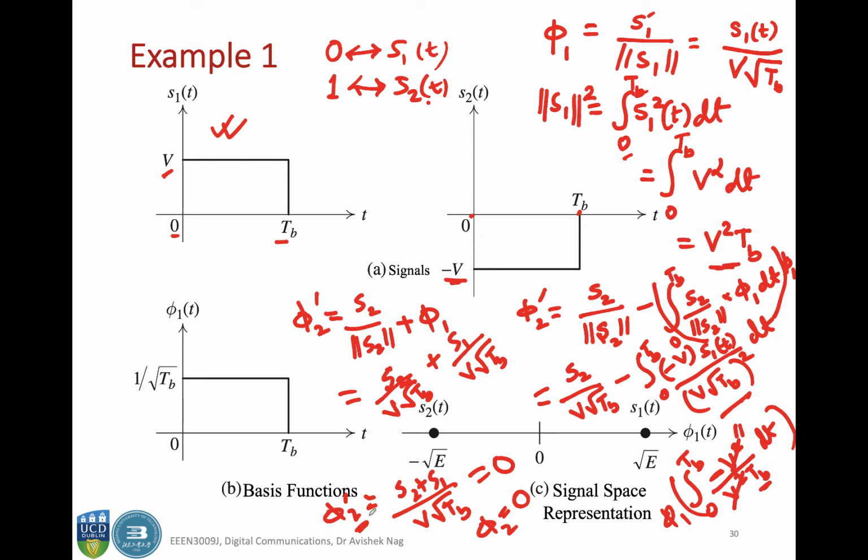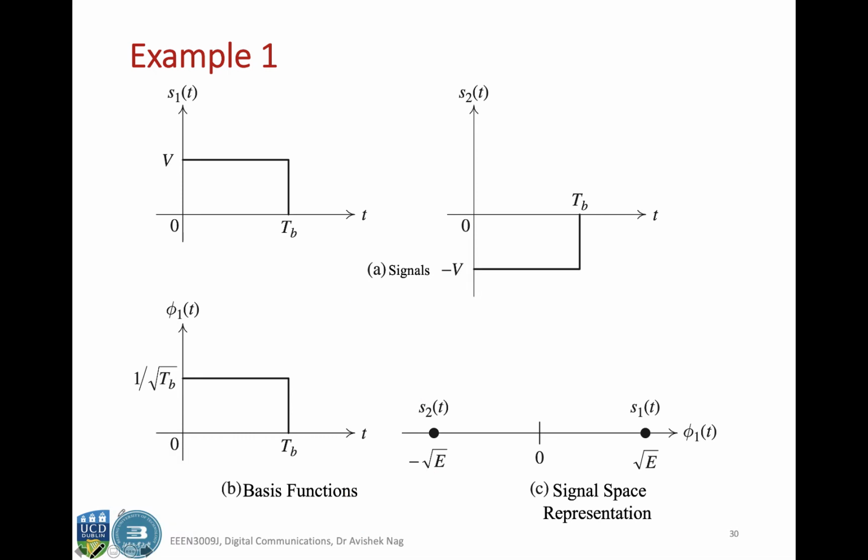So your phi 2 is also 0, which is the normalized version of phi 2 dash according to the Gram-Schmidt orthogonalization algorithm. If you do this math properly, you can see that what I have is very interesting. Let me write it fresh.